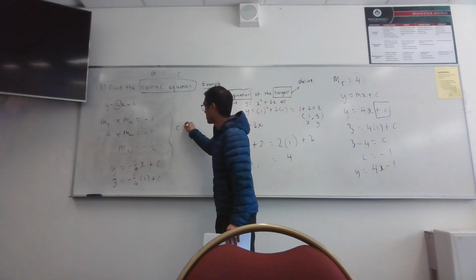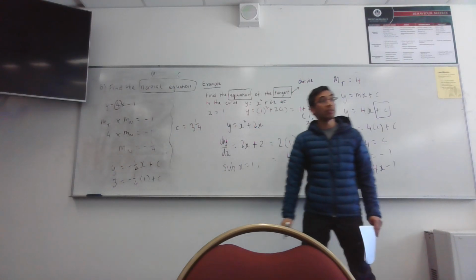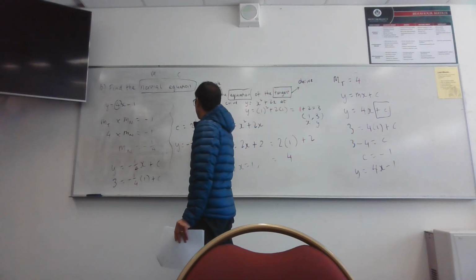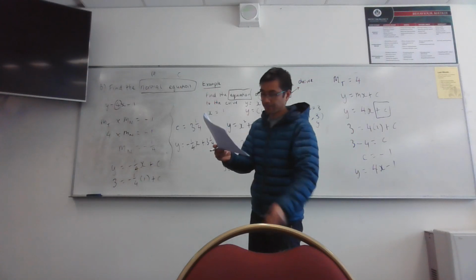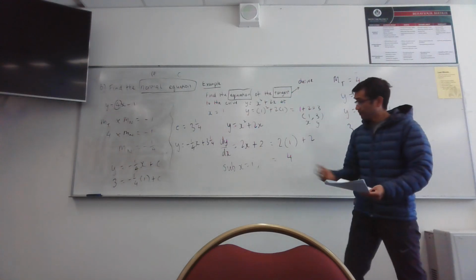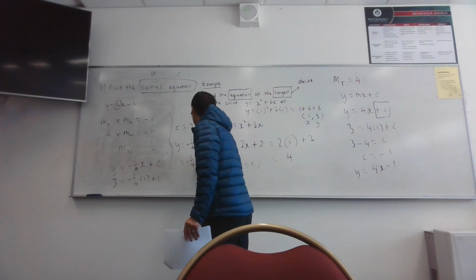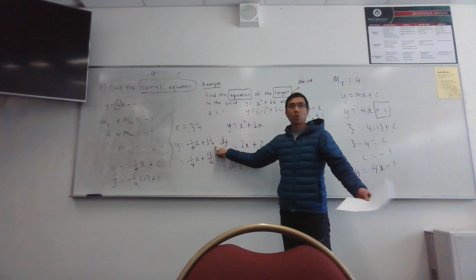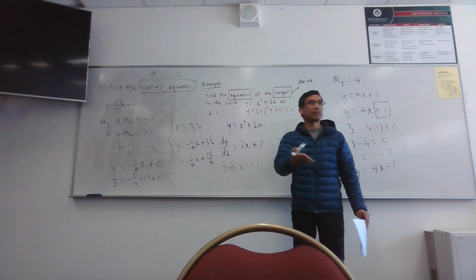So our c is a 3 1/4. I'll put them together the other side. So my full equation is -1 on 4 x plus 3 1/4. If you want, you can change it to improper: 3 times 4 is 12, plus 1 is 13 on 4, which makes it a bit easier to put in your calculator.